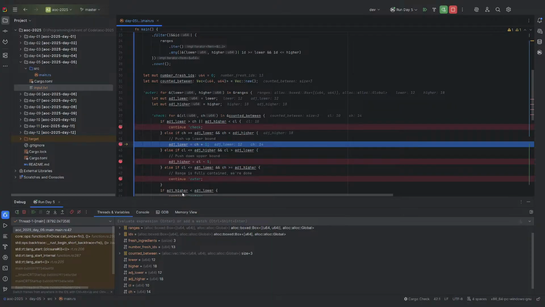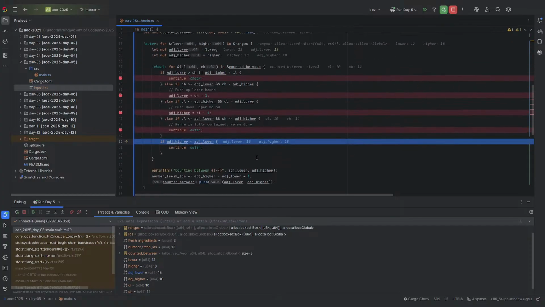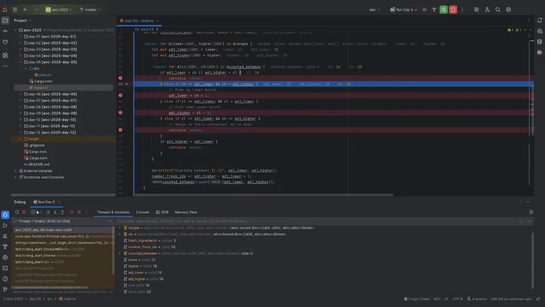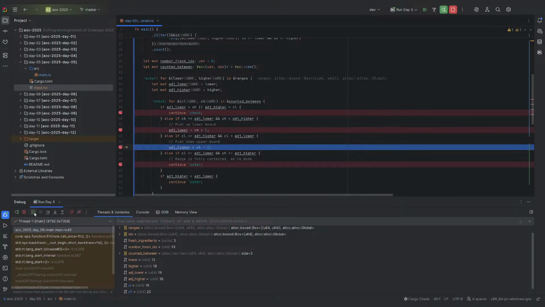Which is correct. Now we're doing 16 to 20. Yes.